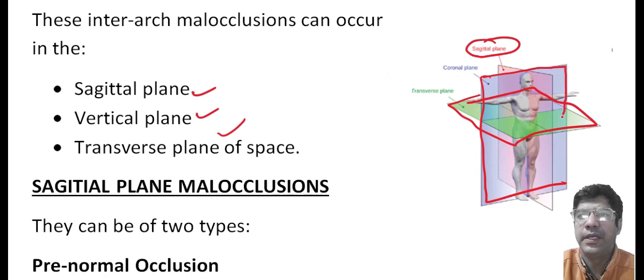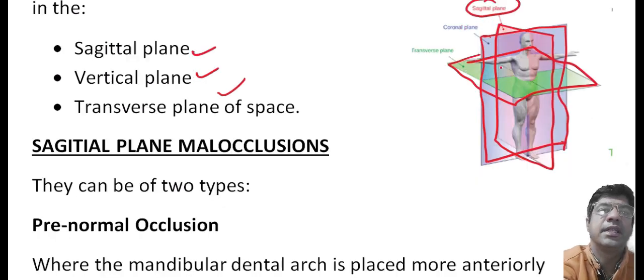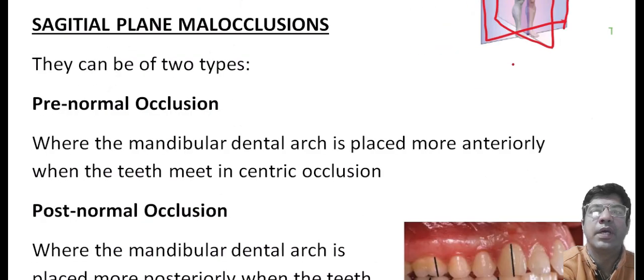So this plane is the coronal plane. This plane is the sagittal one.